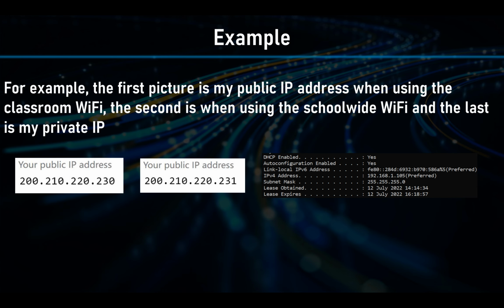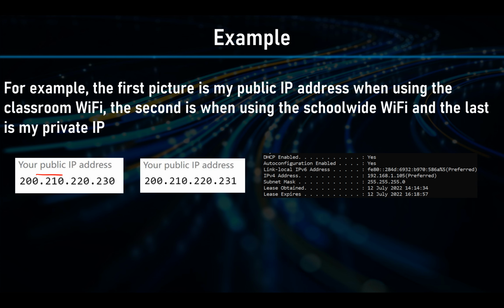So again, for example, the first one is just using the classroom Wi-Fi, the second IP. When I say IP, this is going to be the router's IP, because if we're thinking about this website here, like whatsmyip.com or some website like that, these websites can't actually see the private IP of my device, they can only see the router's public IP.